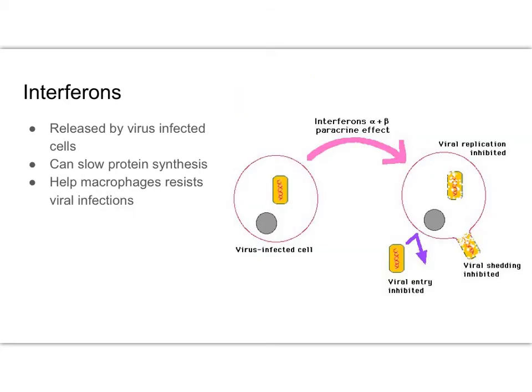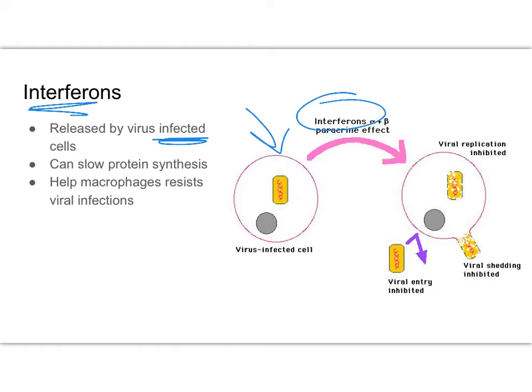Okay, so next we have what are called our interferons. Interferons, just like their name says, interfere. These are actually released by your cells that are already infected. So your cells that are infected by a virus, you can see it right there, are releasing these interferons. Basically, what they're trying to do is prevent other cells from getting infected.